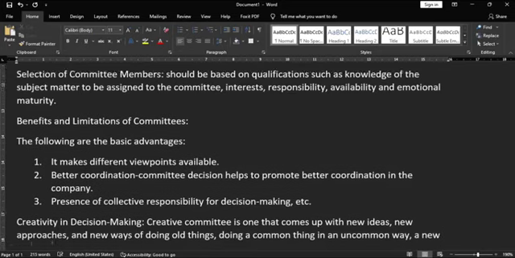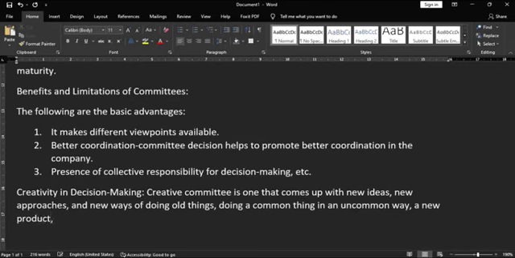A new product or new application. Or a combination of existing knowledge.